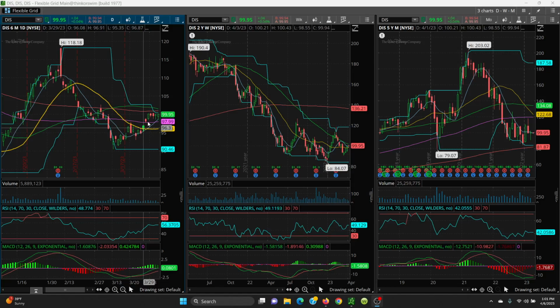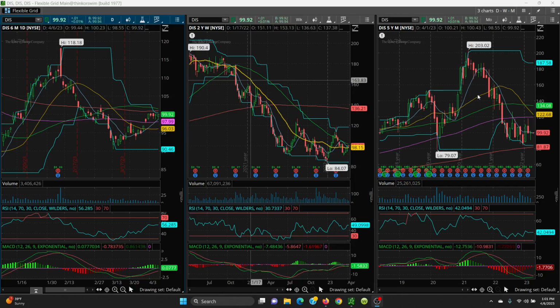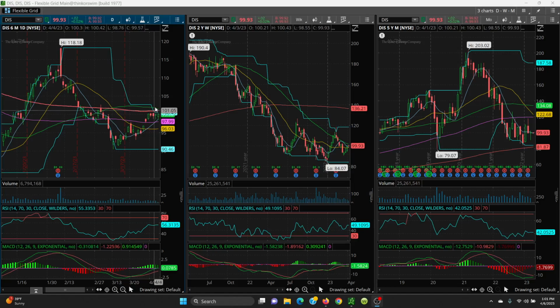So there's your gap, and then you'll have your 21 SMA right underneath. So just watch them, and then always look on your weekly chart here. You've got 98.15, and then watch this key SMA here at 99.22. But right now it looks like a bullish chart here. It just needs to break above this 200 and above that 50-day.